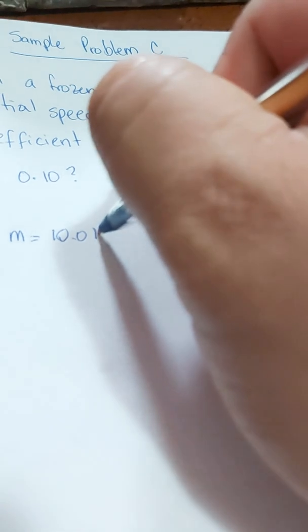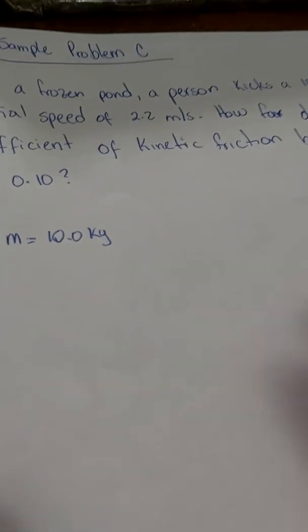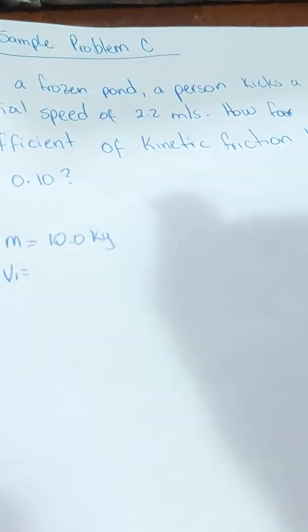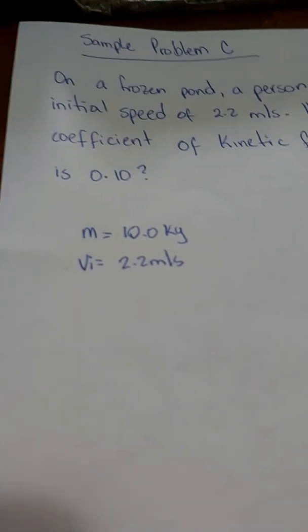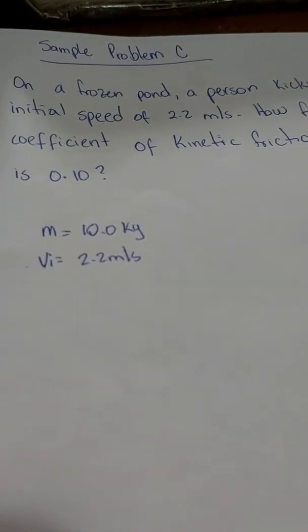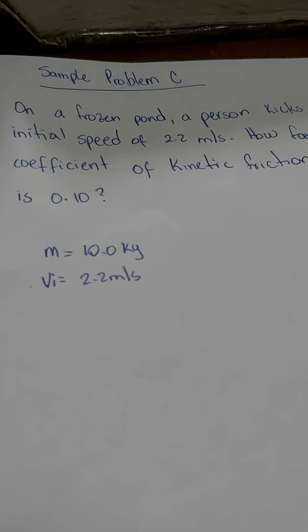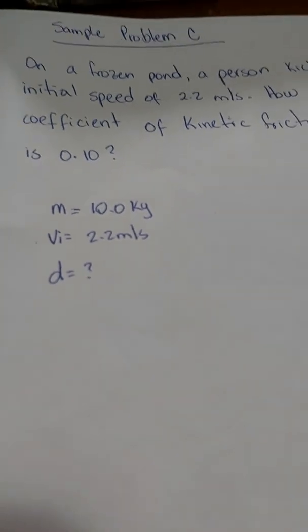So what information do we have? We know that the mass of the sled equals 10.0 kilograms. And we know that the initial velocity for the sled will be equal to 2.2 meters per second, right? Now the problem says, how far does the sled move? Okay, so we're looking for d. How far does the sled move?